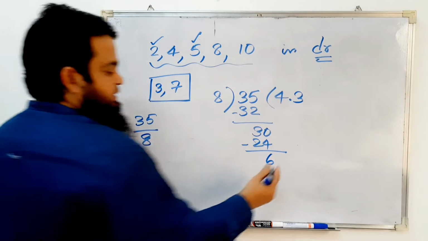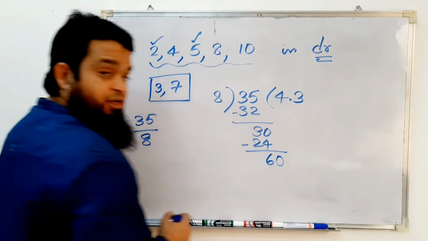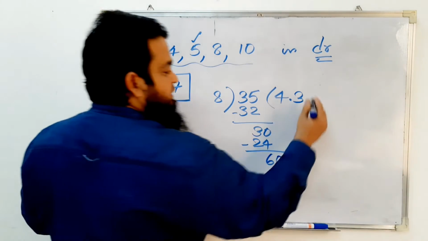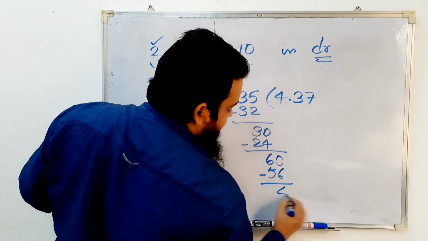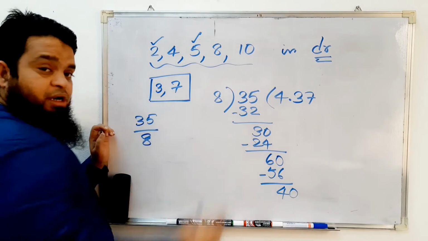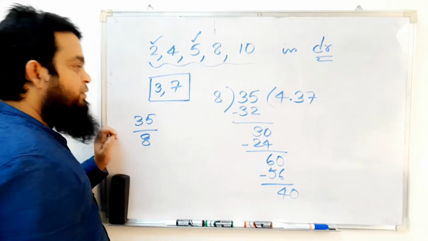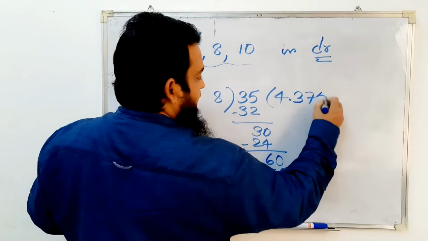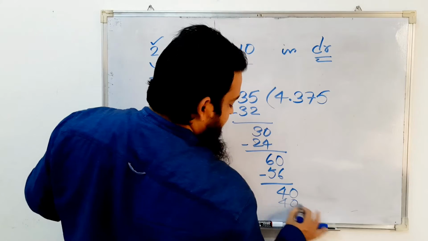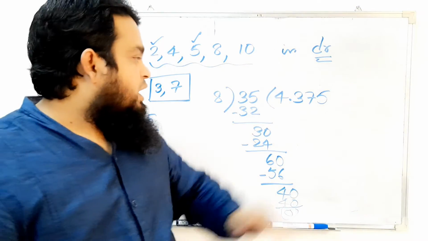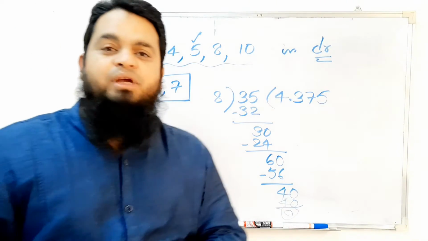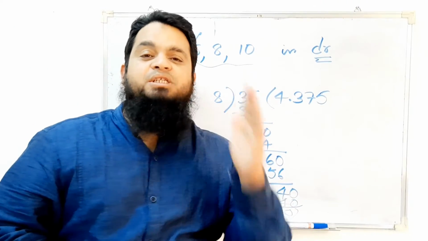Then 8 in 60: 8 7s are 56, and the remainder is 4. Then 8 in 40: 8 5s are 40. So here you got remainder 0, and the result is 4.375, which is terminating.